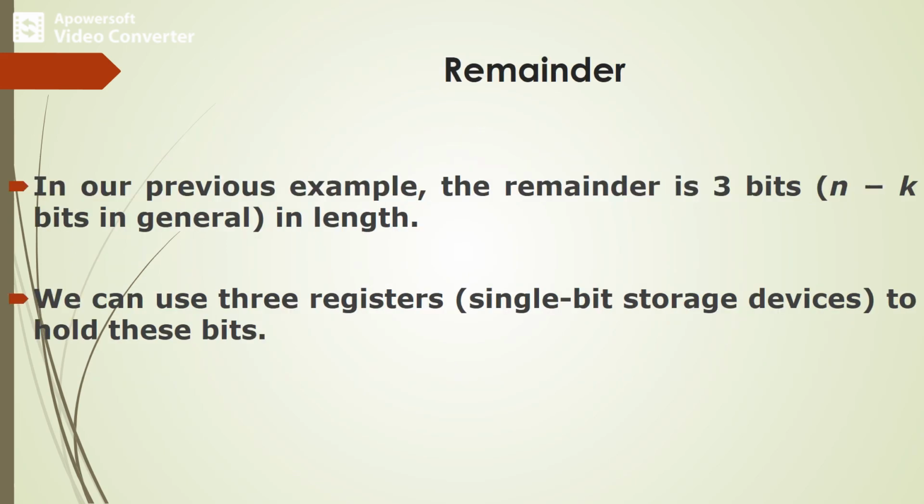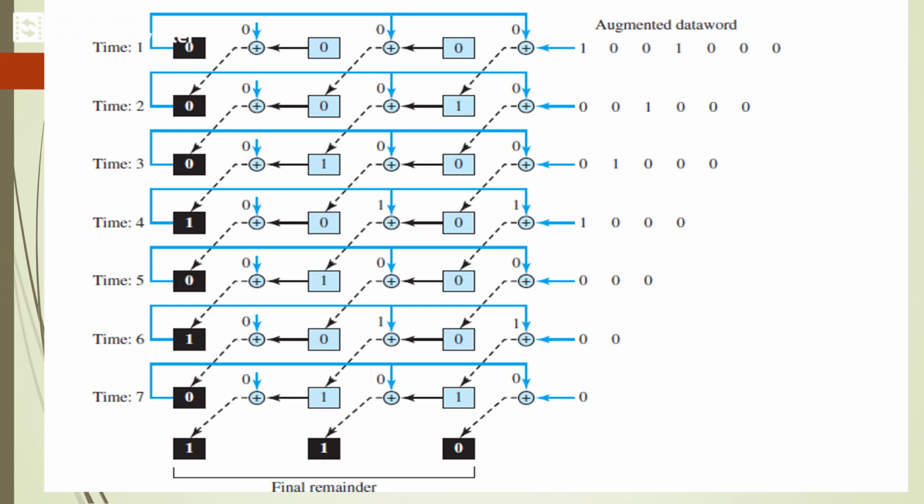In the previous example, we considered the remainder to be 3 bits, that is n minus k bits in general. We can use 3 different registers, each of a single bit, to hold the remainder value. Initially we consider the remainder as all zeros, 0, 0, 0, and each time we repeat 2 actions. The first is to use the leftmost bit to decide the divisor value.